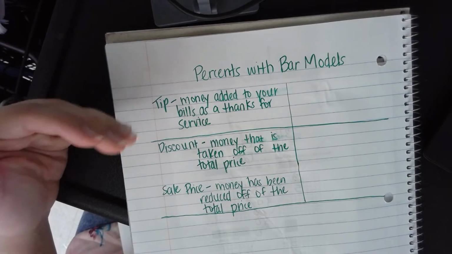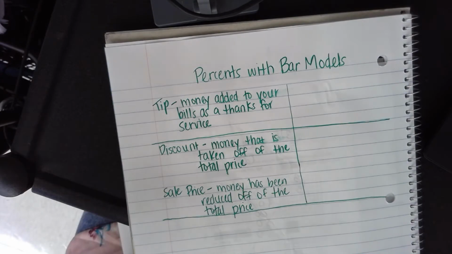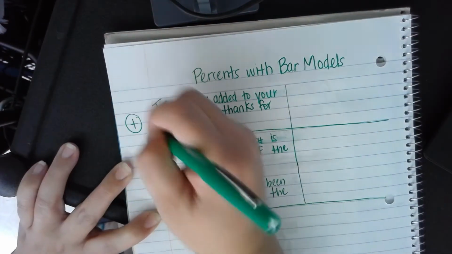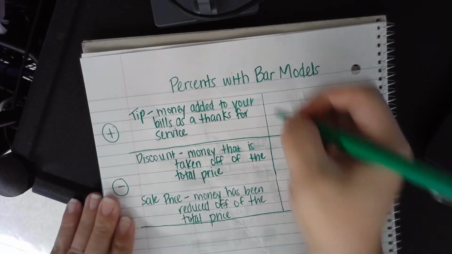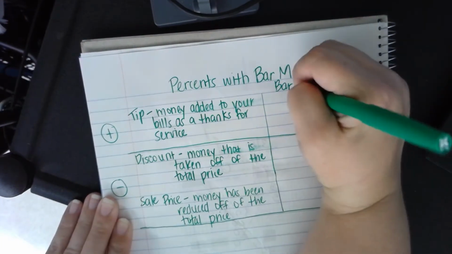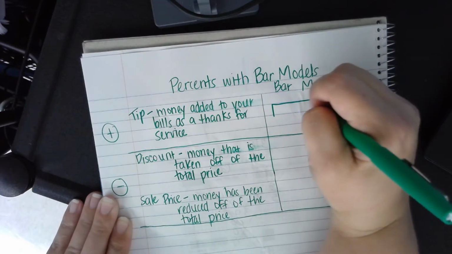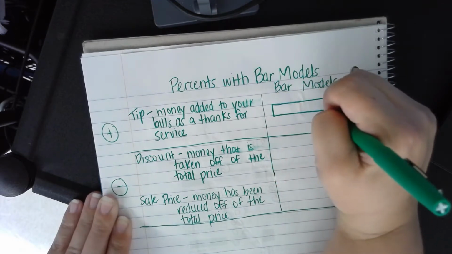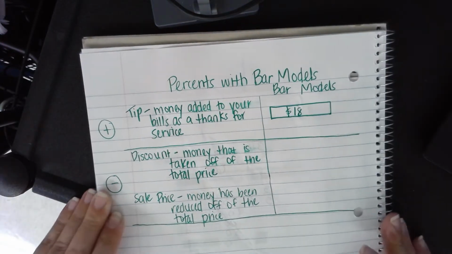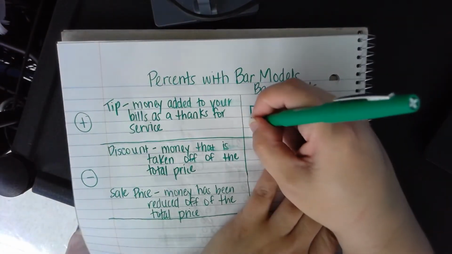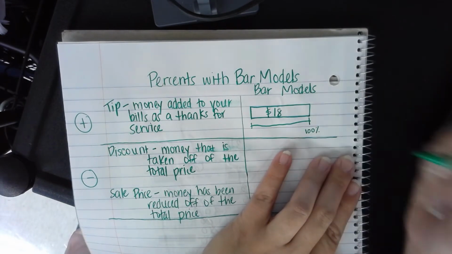All right, so when we have a tip, it's being added to the total. When we have a discount or a sale price, it's being taken off of the total. So this one is adding, this one is subtracting. So let's think about what the bar models would look like for these. Okay. So this is the cost of your food and drink. Let's say it's $18. And you want to add, so this would be 100% of your bill, right here, 100% of your bill.